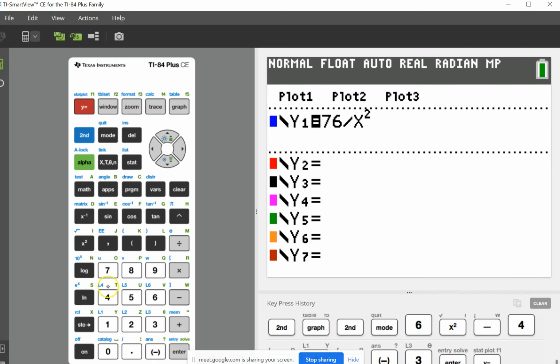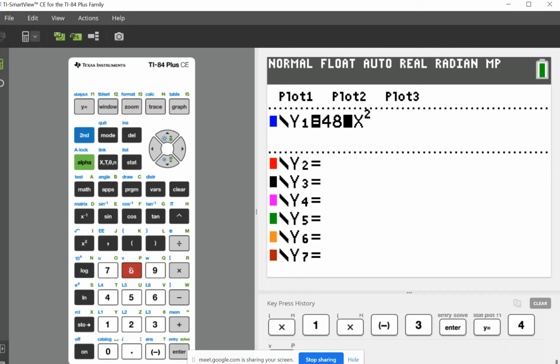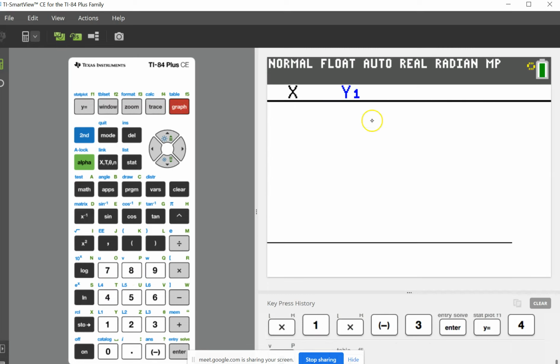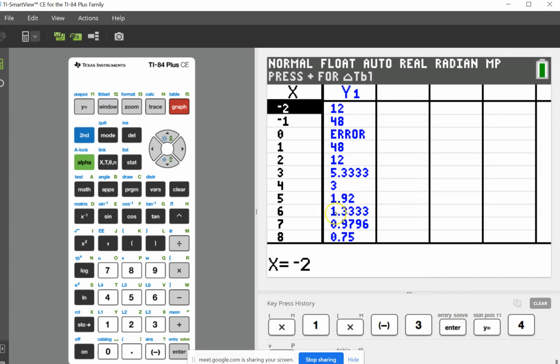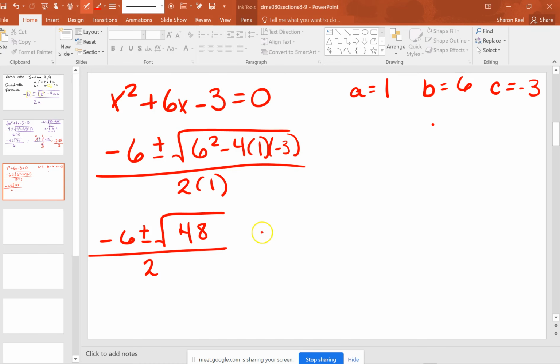I'm going to do 48 divided by x squared, second table. I'm going to look and see if there's a 1. There's not. My first pair of whole numbers is 4 and 3, so it'll be a 4 that comes out, a 3 that stays under the radical. So if 4 comes out, the 3 stays underneath. So negative 6 plus or minus 4 square root 3, everything over 2.